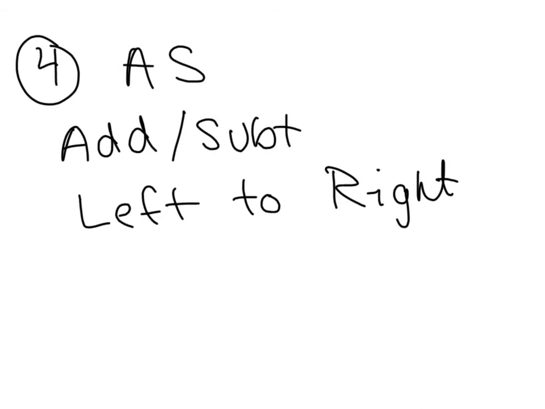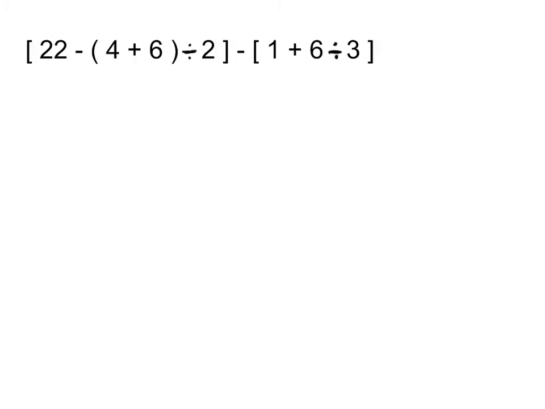Alrighty, so now what we are going to do is see a problem that requires us to use all these components. So we have to simplify this expression. Our directions are the vague "simplify." We've got some square brackets, some parentheses, some division going on.